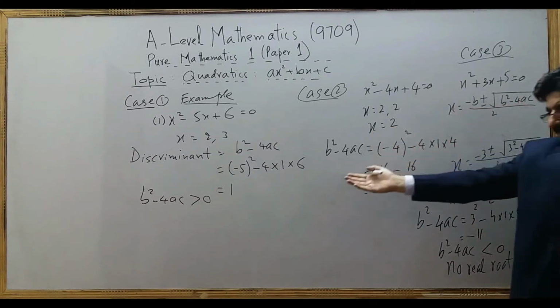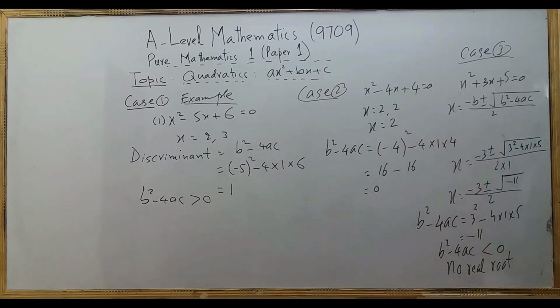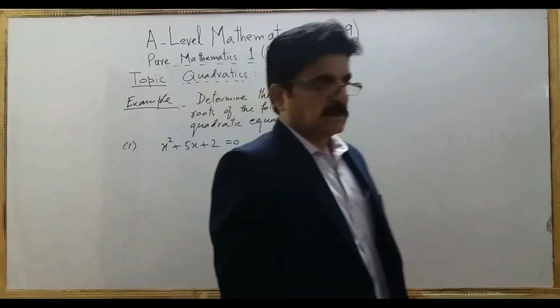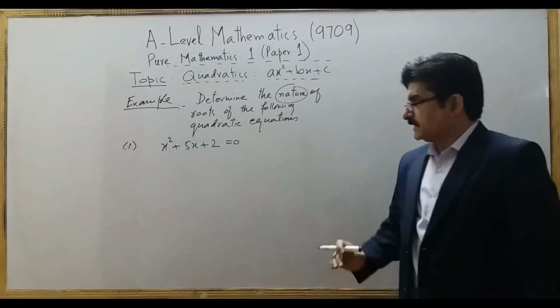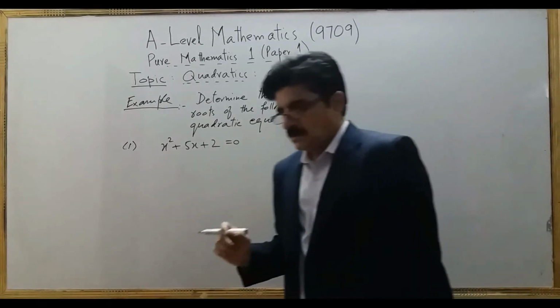If it's 0, we have one root, we call it a repeated or equal root. And if the discriminant is negative, as you have seen in the example we solved, there will be no root.